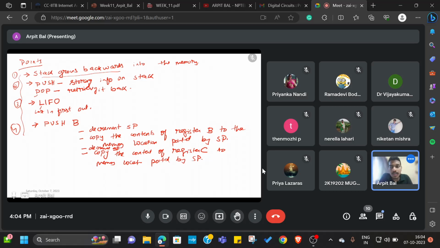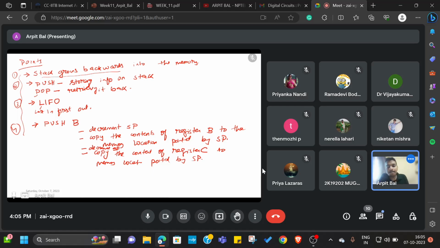Similarly, I mentioned an example of PUSH B. If PUSH B is done, the first thing that happens is, because the stack grows backwards, the stack pointer will decrement. Next, whatever content is present in B is copied to the memory location pointed to by the stack pointer. Next, the stack pointer is decremented again, because PUSH B means both B and C contents are going to be pushed into the stack.